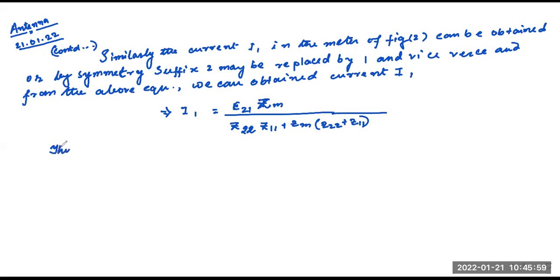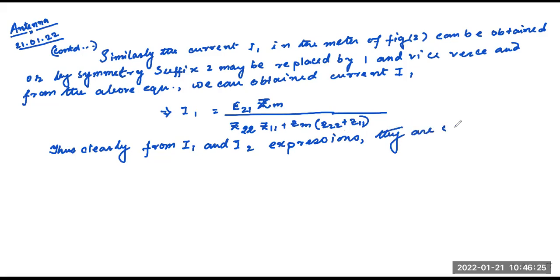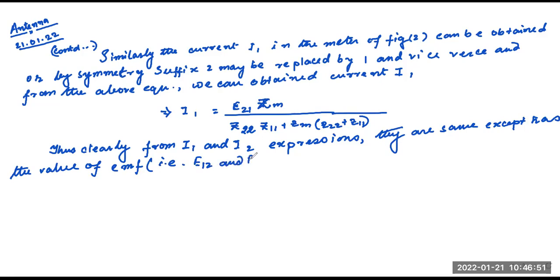So thus, clearly from I1 and I2 expressions, they are the same except the value of EMF, that is E of 1 2 and E of 2 1.